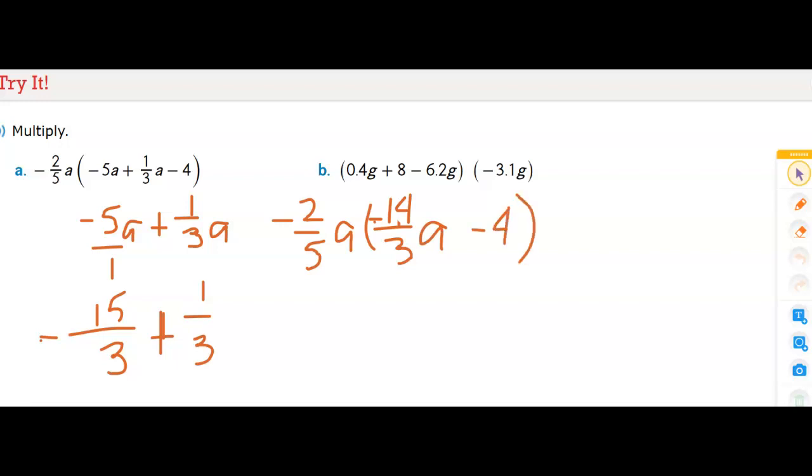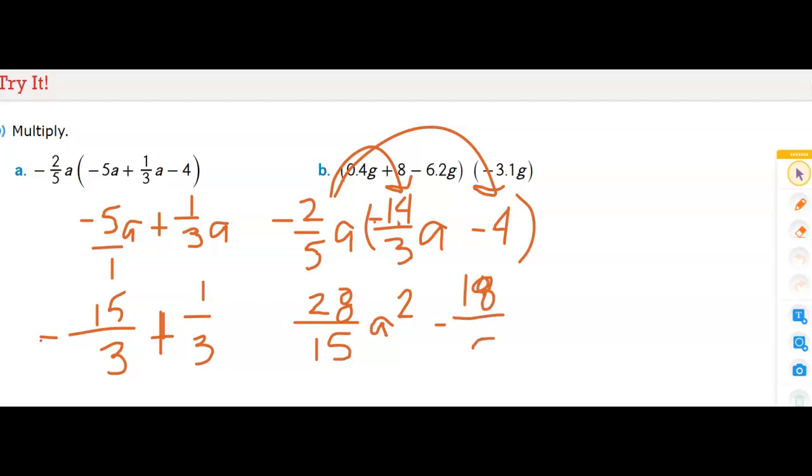And then we use the distributive property. So now I'm going to multiply out this way. Then that's going to be 28 over 15 a squared minus 2/5 and 1/4, negative 18 over 5, and that'll be a.